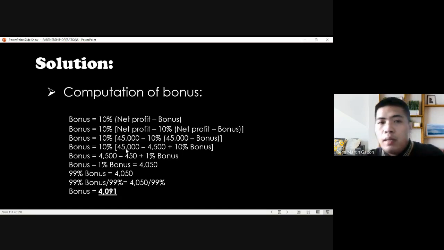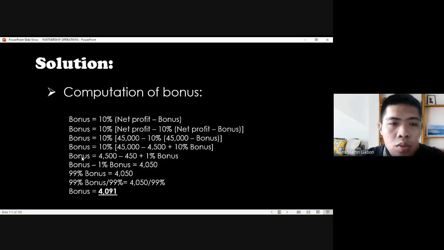Magiging negative 4,500, then positive 10% bonus. Then, i-distribute ulit si 10%, so magiging positive 4,500. Then, ito 10% ito is minus 450 because positive times negative is negative. Then positive times positive is 1% bonus. Then to do that, like terms.